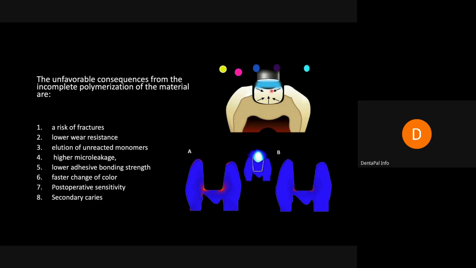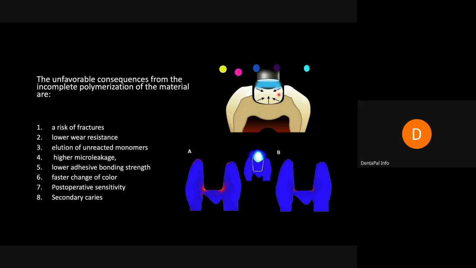What may happen if the polymerization is not perfect, is not complete? This is what we call polymerization shrinkage, which means after polymerization, the size of the composite may become less.